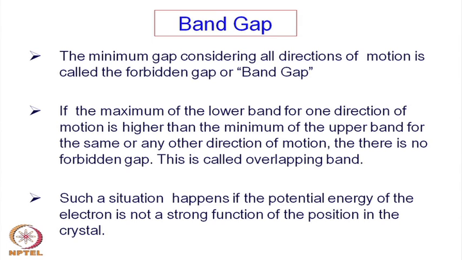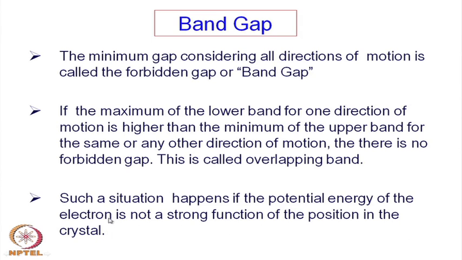So, if the variation is very strong, then the overlapping of bands may not occur. Overlapping bands happen if the potential energy of the electron is not a strong function of the position in the crystal.